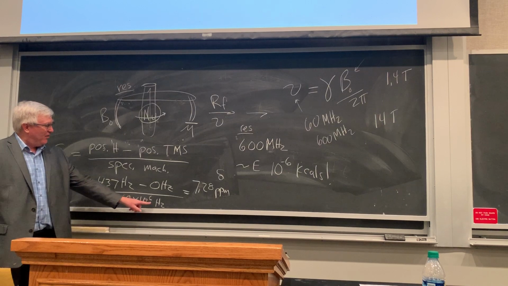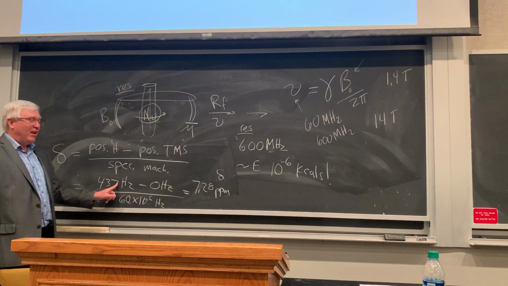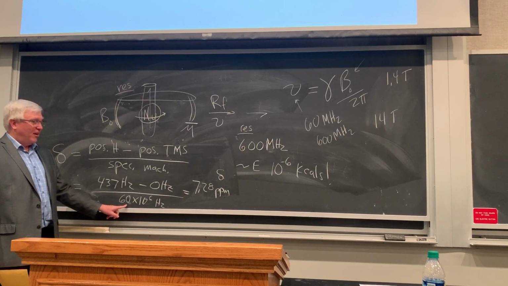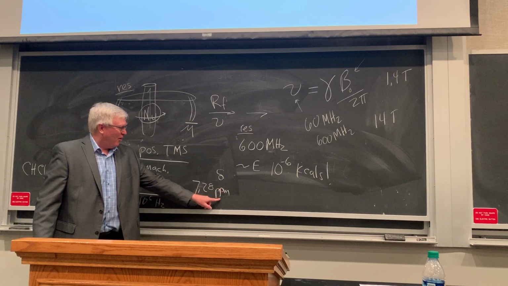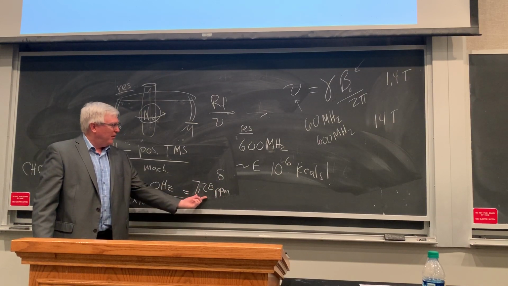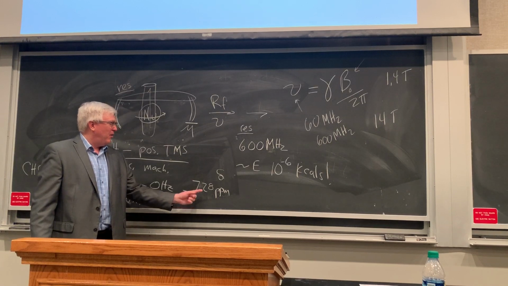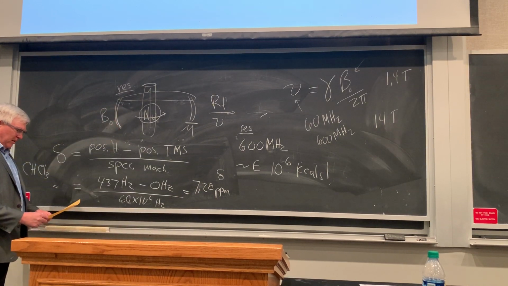This is 10 to the 6th, or megahertz. So that's parts per million hertz numbers out of a million hertz, okay? So that's what the term delta or ppm means. You'll see these used interchangeably, okay? Notice that's within the 0 to 10 window. That's way up there, a de-shielded value of 7.28.